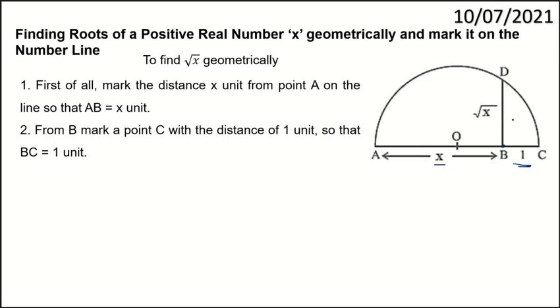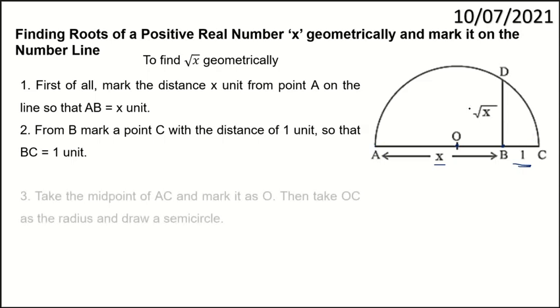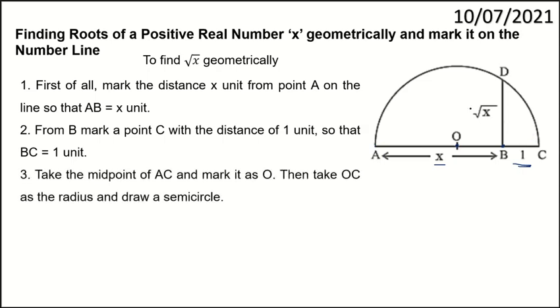Then with the help of a pair of compasses, we found the midpoint of line segment AC. So take the midpoint of AC and mark it as O. Then OC is the radius of the semicircle that I have drawn, taking O as the midpoint, OA or OC as the radius. We have constructed a semicircle.